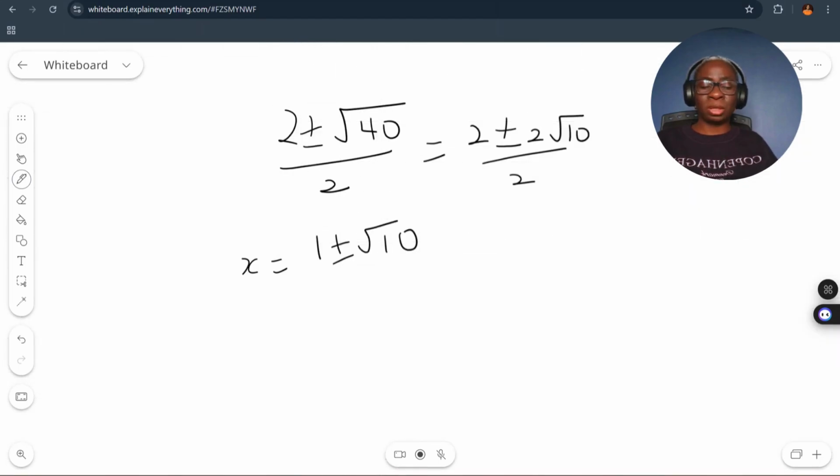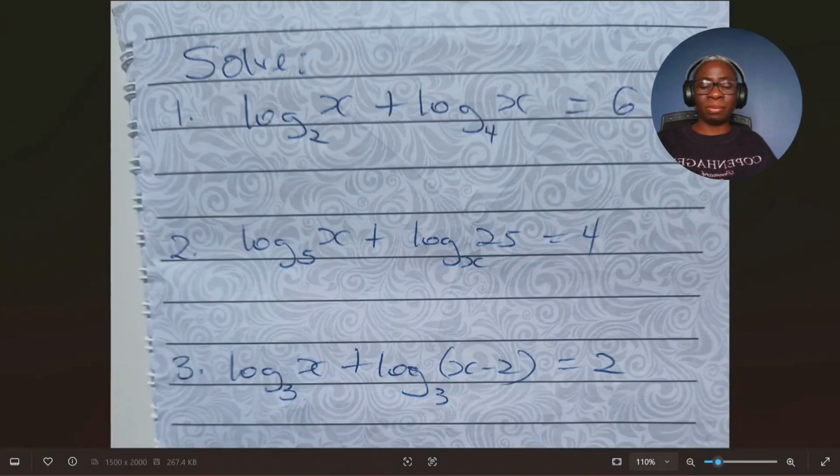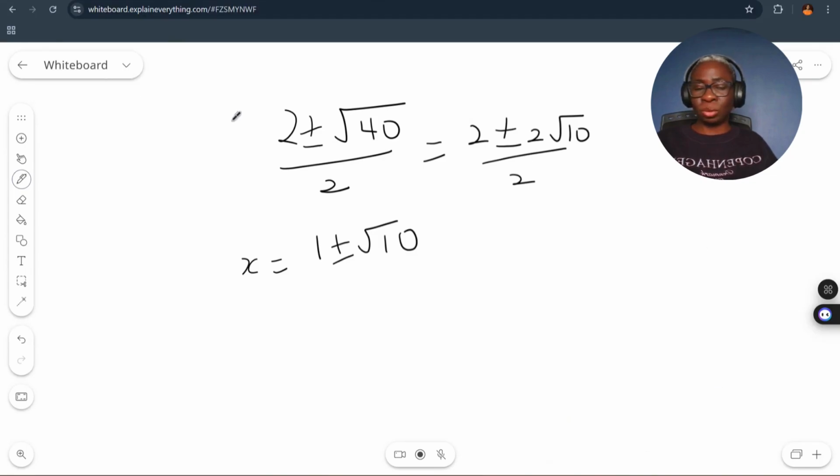But don't forget, what does the question say? We are to solve for x. So since we want to solve for x, let's find the square root of 10, because the log of a negative number is undefined. So we need to know if there will be a negative answer when we add or subtract from 1. So this will be 1 plus or minus, what is root 10? Root 10 will give 3.16.